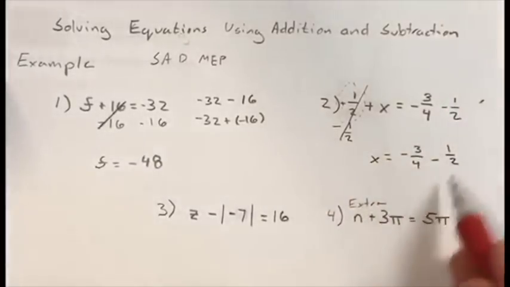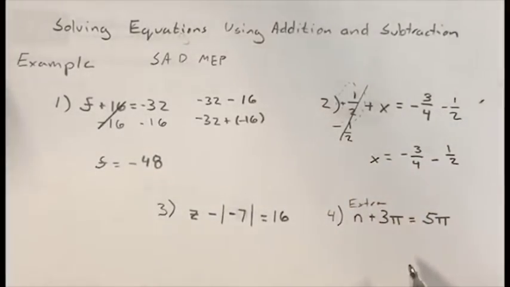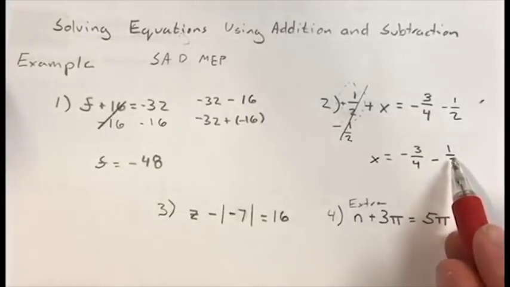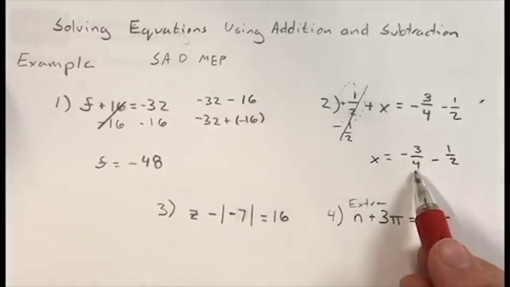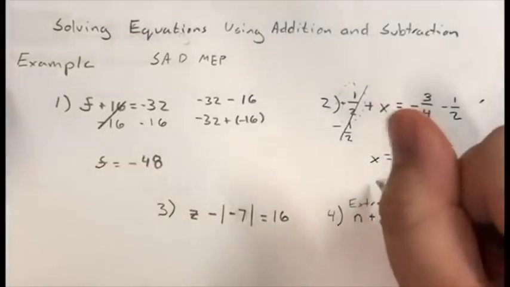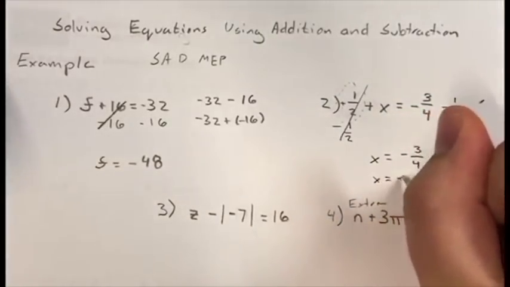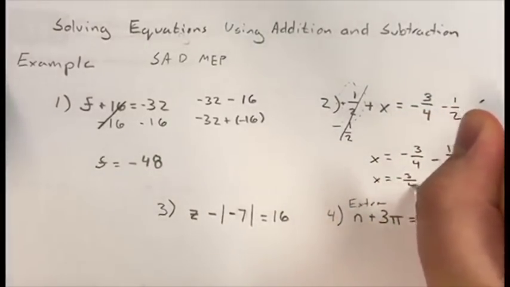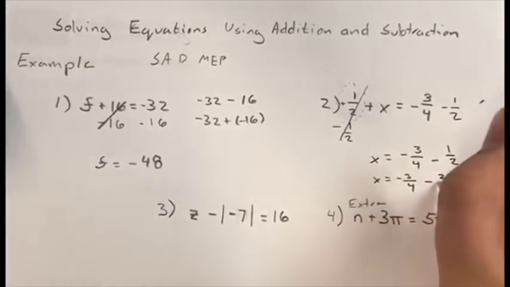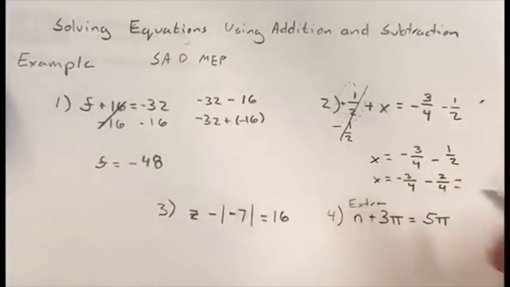Well, I cannot do this currently in this way, so I need to change my denominator, find my greatest common denominator. In this case, it's going to be 4. So I can rewrite it as x is equal to negative 3 over 4 minus 2/4. And when I simplify this, it's going to give me negative 5/4.